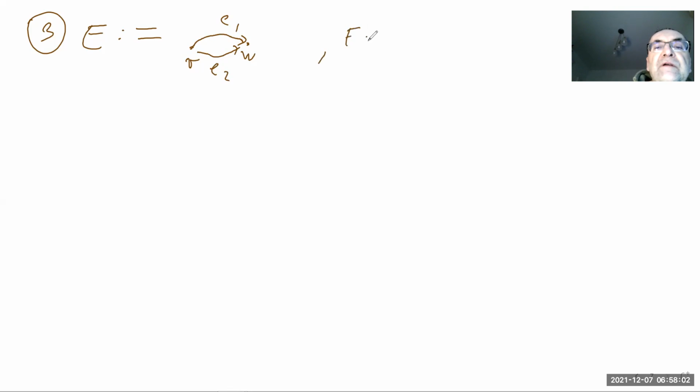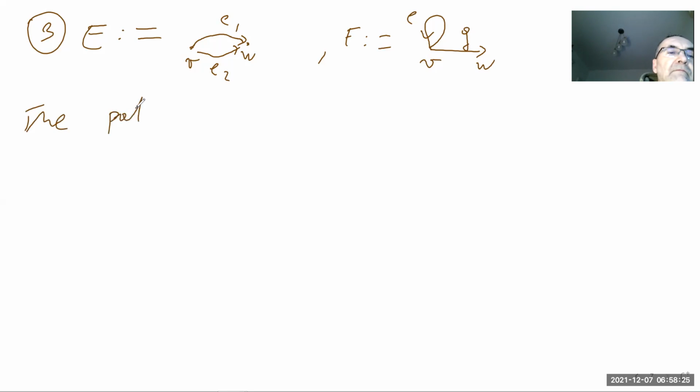Okay, and F. Well, this is a graph. So again, we have two vertices, V and W, and two edges. This time I'll label it E and G. Okay, so the path map of graphs is given by the formulas.